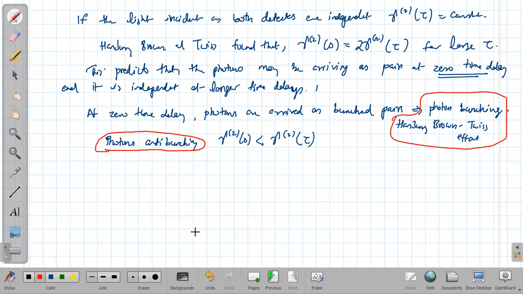So with this second order coherence, we have introduced new terms to you, photon bunching and photon anti-bunching. Photon bunching happens if the coincidence counting is more at zero time delay than at longer time delays, and photon anti-bunching happens when it's the opposite. Okay, now we can directly go to the quantum mechanical version of this second order coherence.